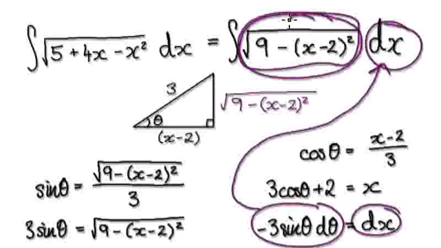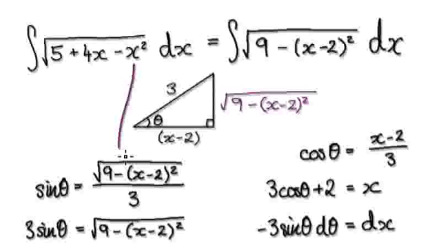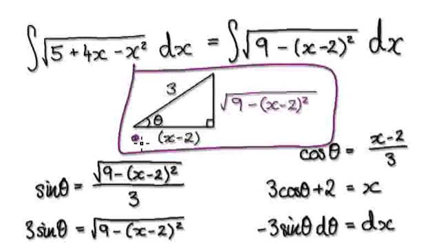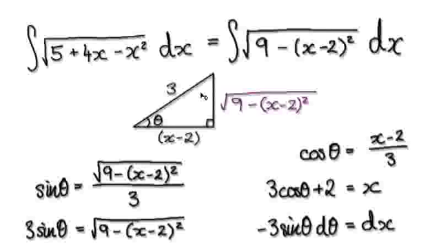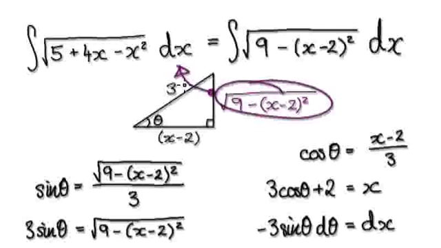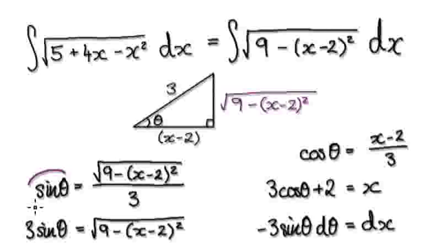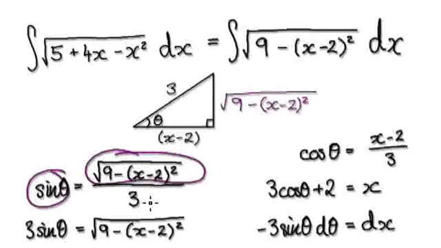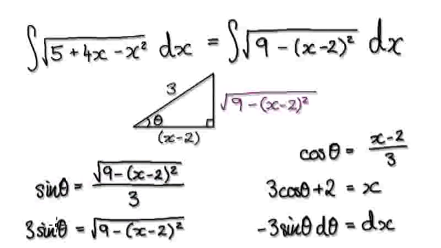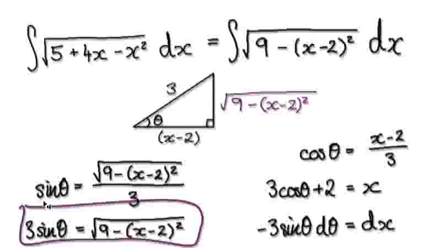So in order to replace this complicated thing here, look back to your right angle triangle. From the right angle triangle, you can obtain this, because if you look at this here, sine is opposite over hypotenuse. So times both sides by 3, that will then give you this.